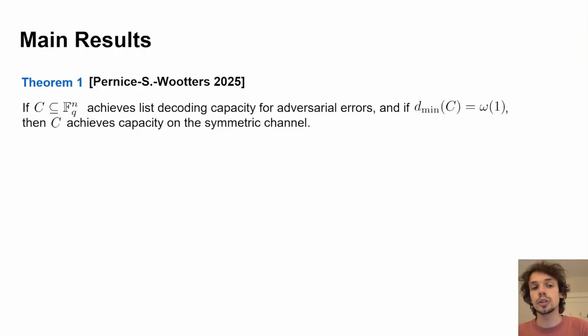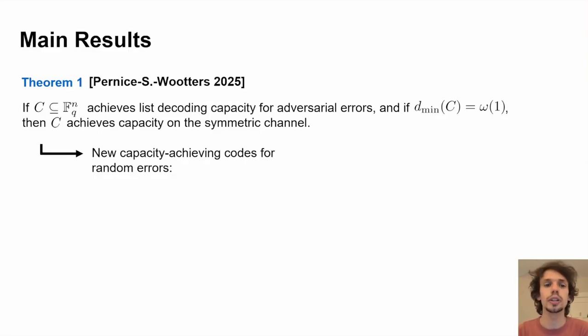If C is a linear code that achieves list decoding capacity for adversarial errors, meaning it has the optimal trade-off between its dimension and the number of adversarial errors that it's able to list decode, and it has super constant minimum distance, then C will also achieve capacity on the symmetric channel, meaning it will have the optimal trade-off between its dimension and the number of random errors that it can tolerate for unique decoding.